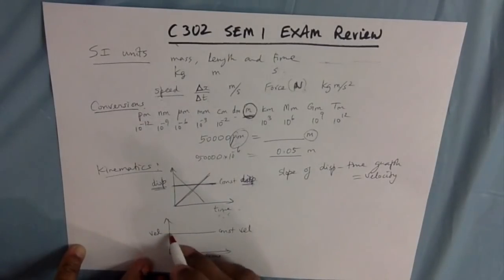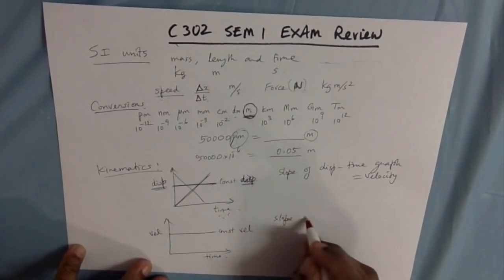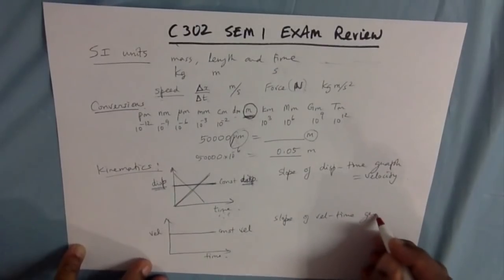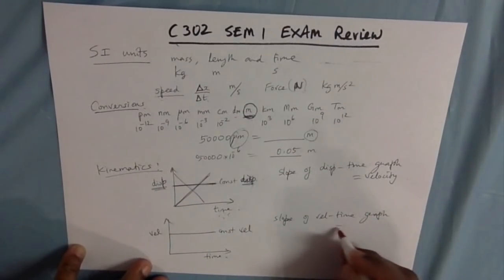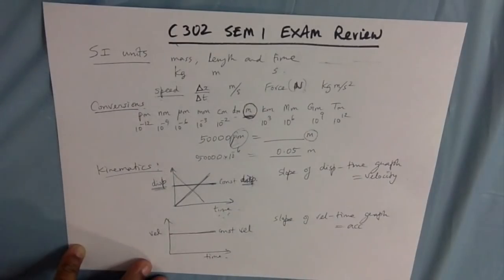But the slope of a velocity time graph will give you acceleration. So the slope of this line is 0, so zero acceleration.